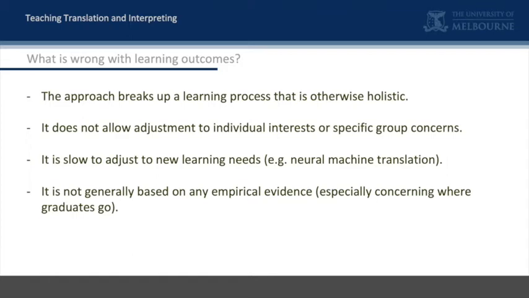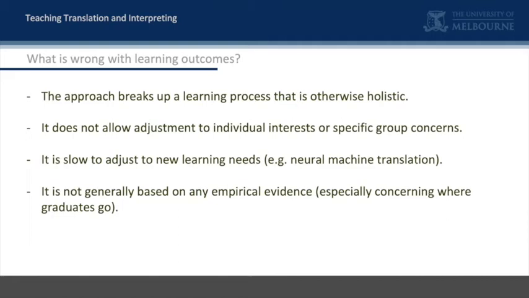And the big problem for me is that these things tend to be invented by a teacher or a group of teachers discussing things. Oh, yes, we should do this. Yes, we should do this. Yes, and in this order and like this, without any real reference to empirical evidence of where our students go, what kinds of things the students actually need when they get there.